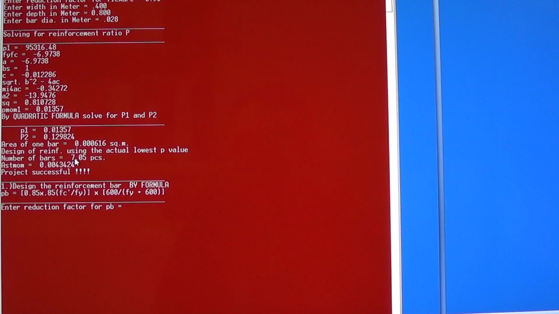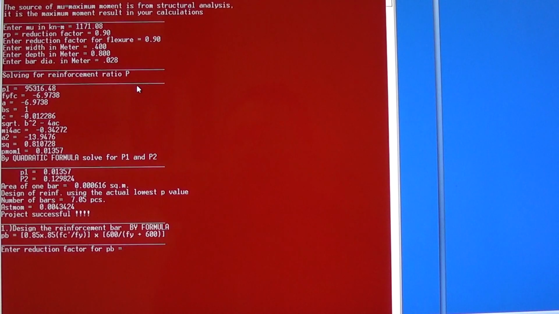The number of bars is 6.95, so there are 7 pieces of reinforcement bar at 28 millimeter in diameter. This is the bottom bars. So we have designed the reinforcement using the actual reinforcement ratio by theory using the moment.